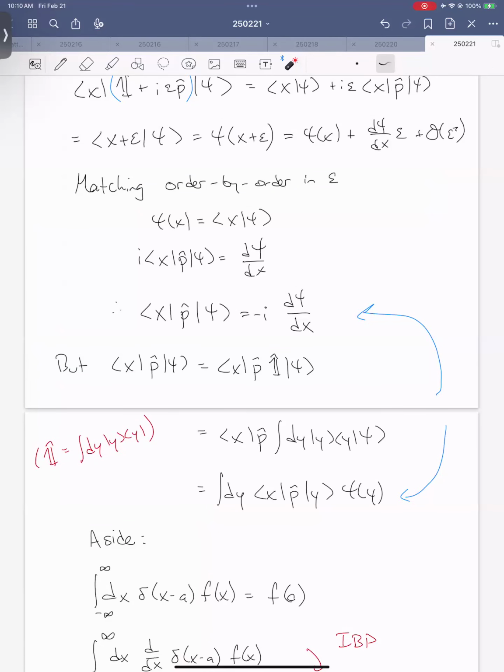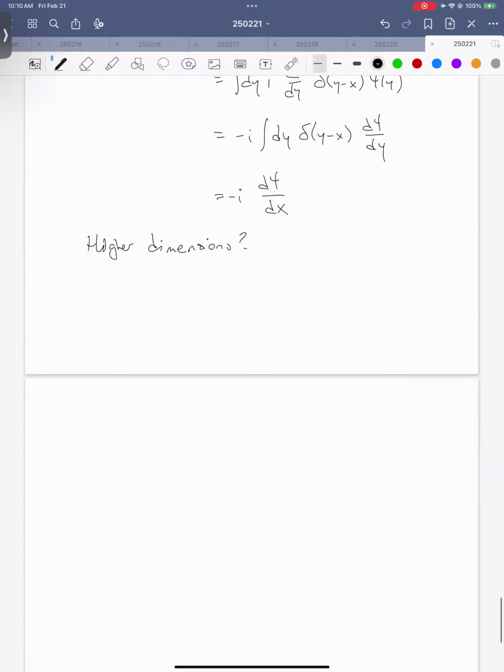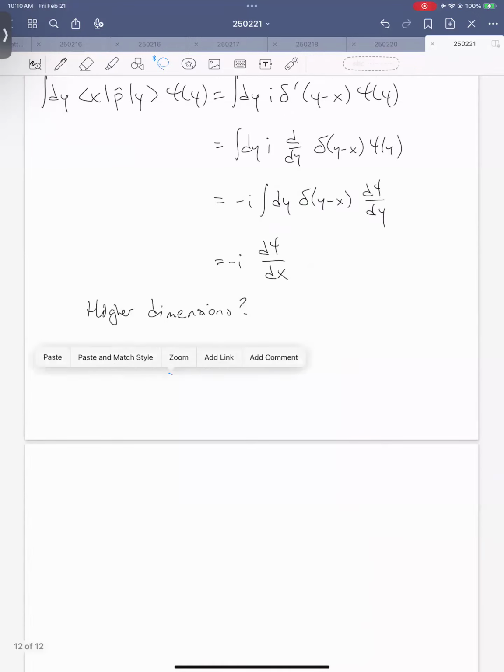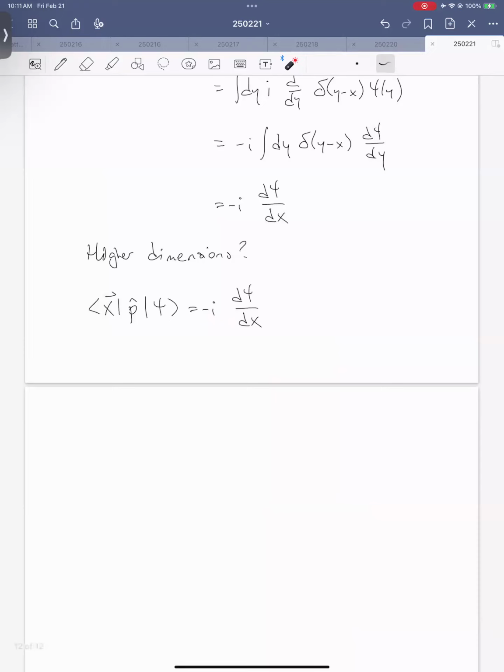So I suspect it's pretty clear that if we add a vector there, then on the right-hand side the different dimensions are not going to talk to each other. We get a vector on the right-hand side, a vector of derivatives with respect to the different directions.